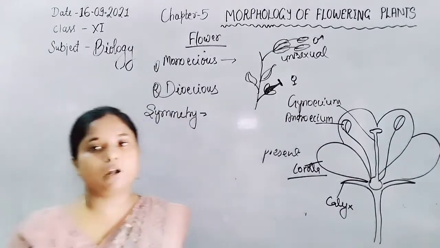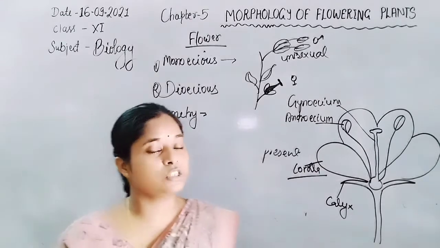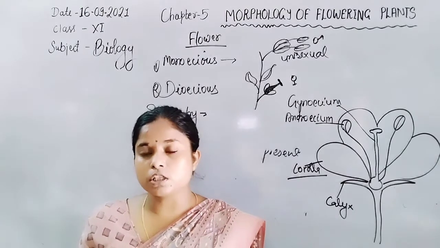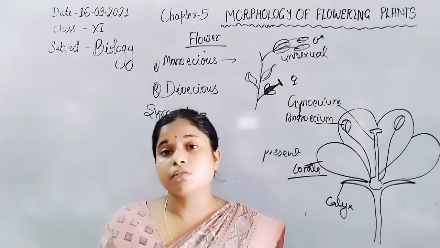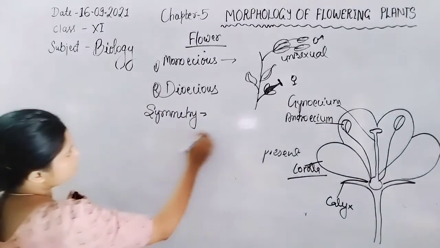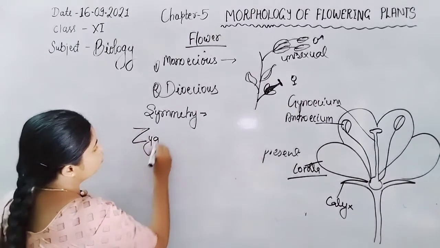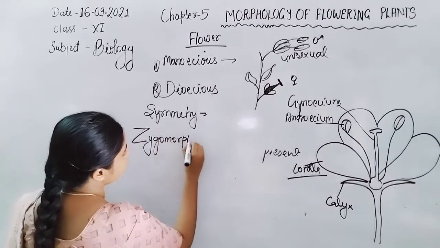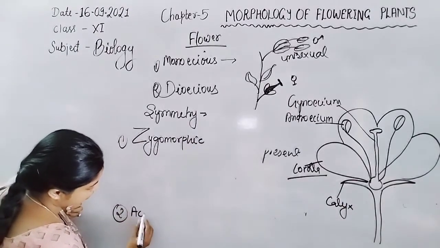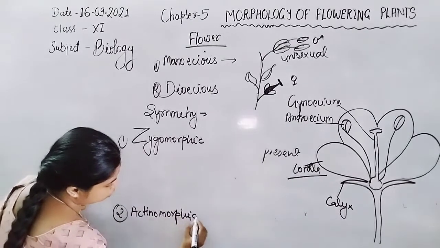Such a type of flower shows symmetry, but another flower which does not have any plane from which we can divide it into two equal halves is known as an asymmetric flower. An example is senna. So on the basis of type of symmetry, flowers are of two types: the zygomorphic type of flower and the second is the actinomorphic type of flower.